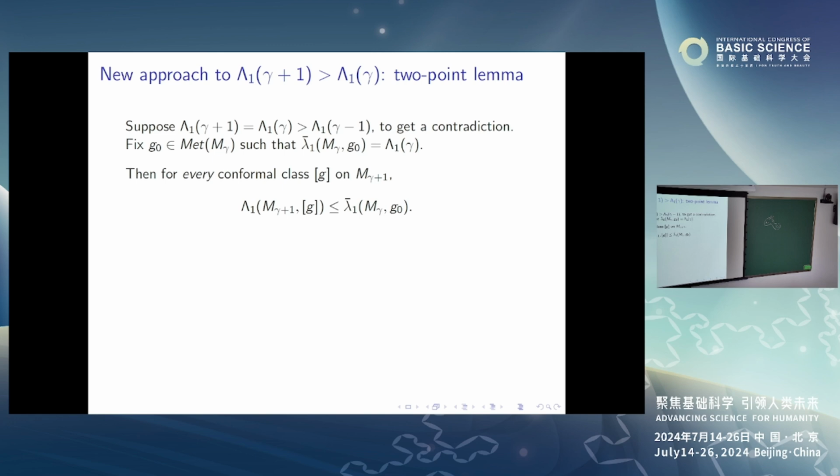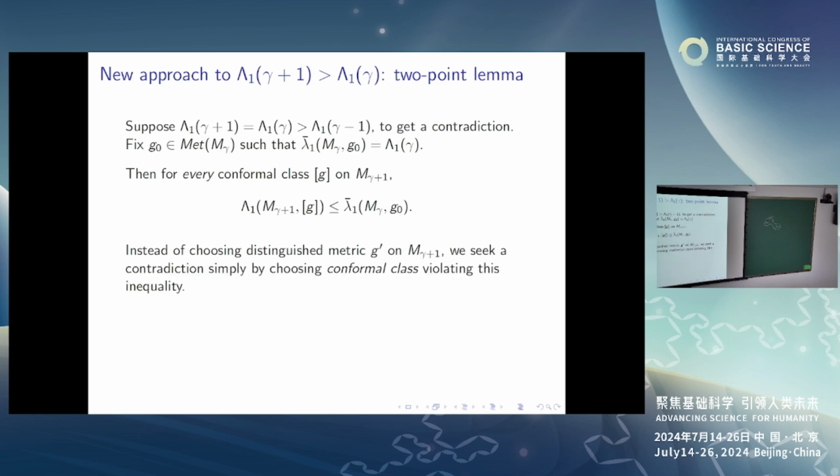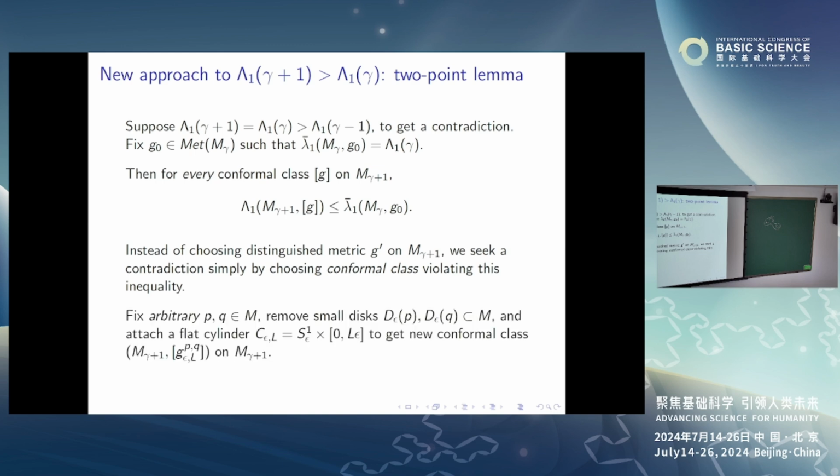So the conformal supremum of the first eigenvalue is bounded above by this lambda 1 bar. Okay, and remember that we know the existence of conformally maximizing metrics, and they're realized by harmonic maps. So in fact, this is giving us some energy bound on some harmonic map. Okay? All right. So instead of choosing this distinguished metric, let's instead try to just cheaply choose a distinguished conformal class and get a contradiction.